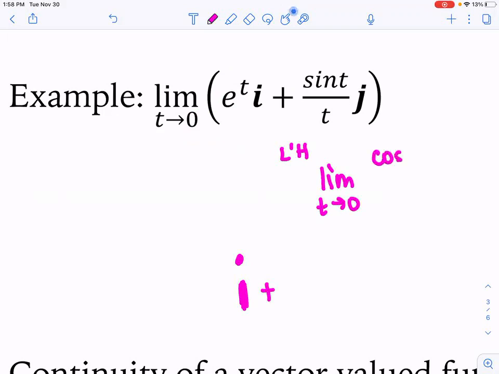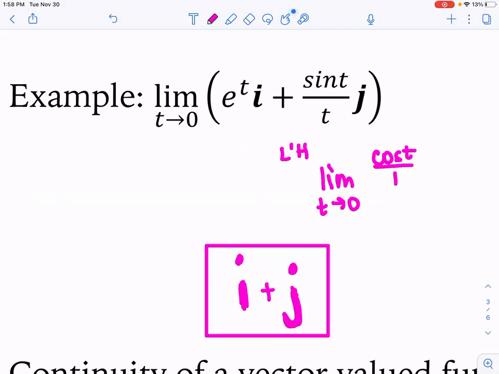So cosine of t over 1 gives us, oh, that's boring. So this limit gives us 1, so we have 1i, plus this limit gives us 1, so we have 1j. So our limit is the vector valued function i plus j.